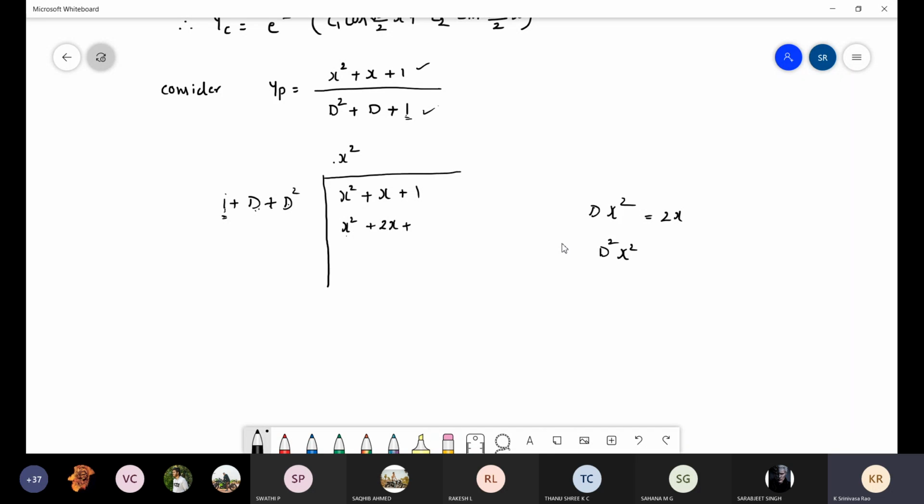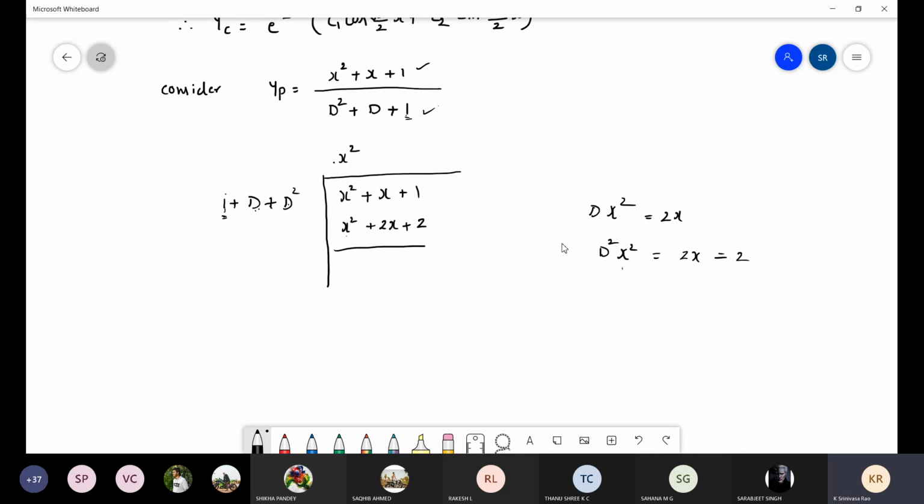It means differentiating two times. One time differentiation is 2x, another time differentiation is 2. So that 2 you should write here. Did you get how we got that equation here? Is there any doubt? No, sir.